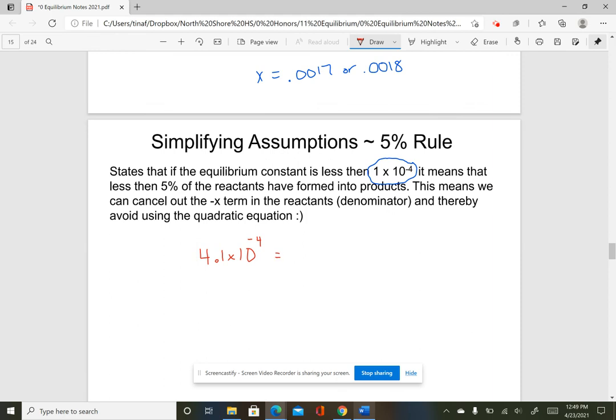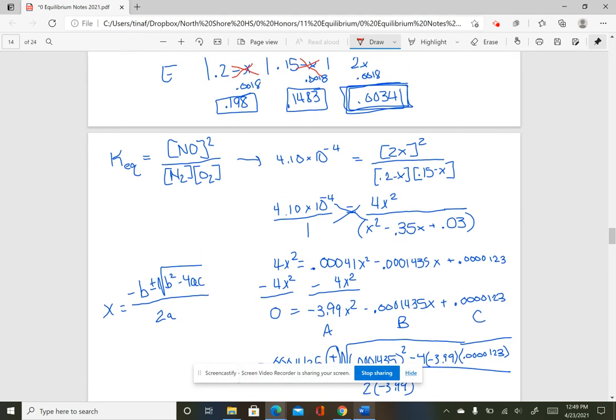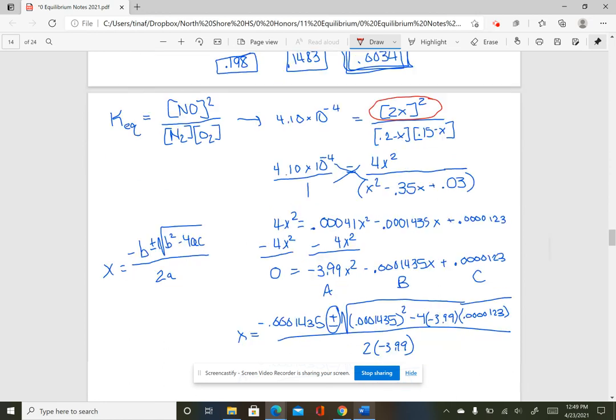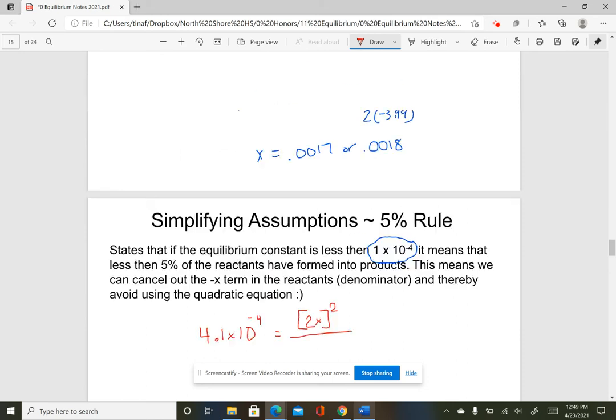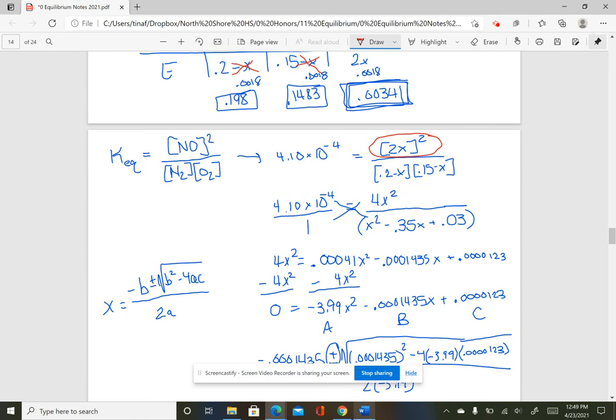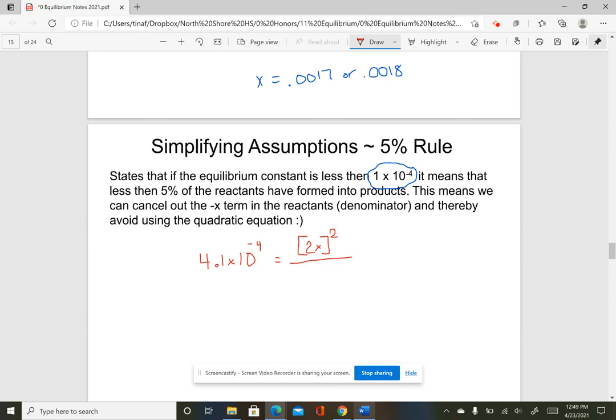So on the top, I'm still going to have 2x squared because my products are not allowed to change. But on the bottom, instead of having 0.2 minus x times 0.15 minus x, I can forget the minus x.